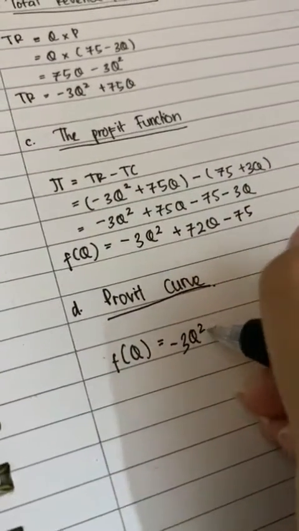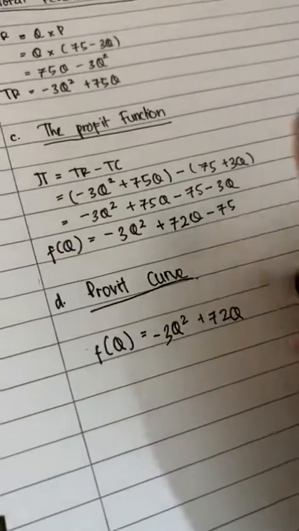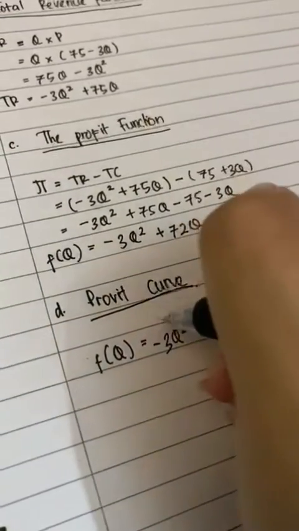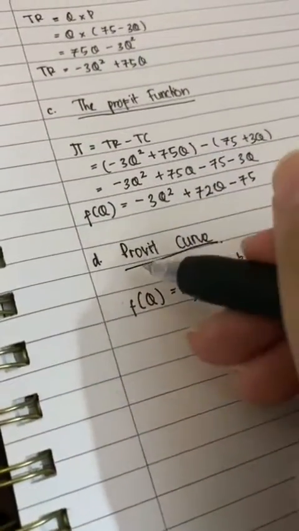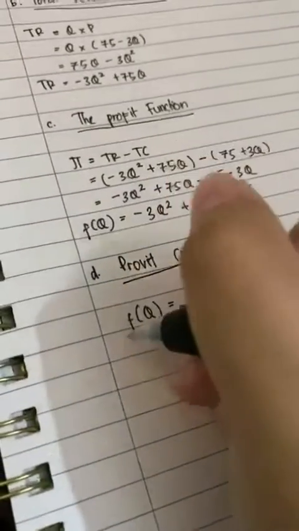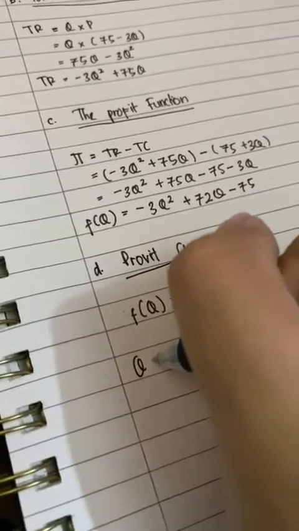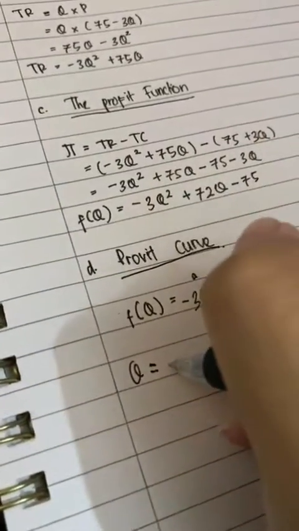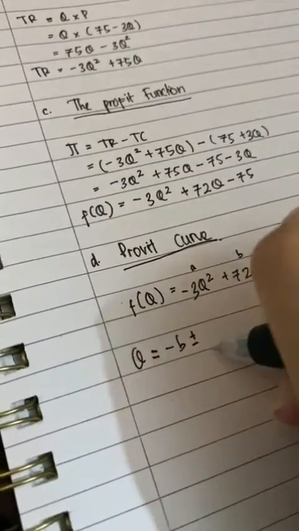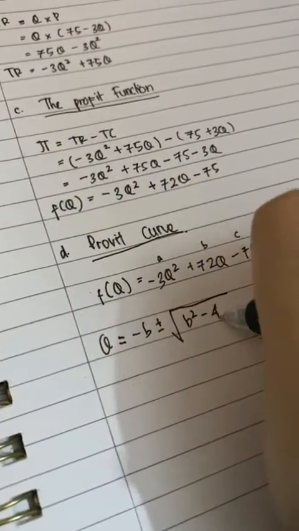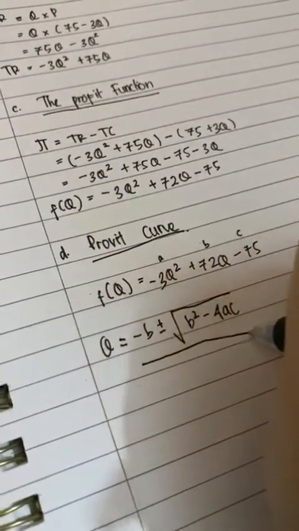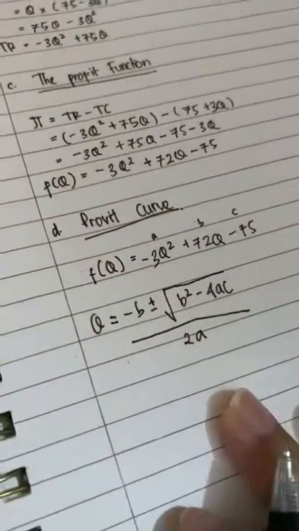Minus 3q square plus 72q minus 75. This is the A, this is the B, this is the C. The formula is Q equal to minus B plus or minus the square root of B square minus 4AC, divided by 2A.